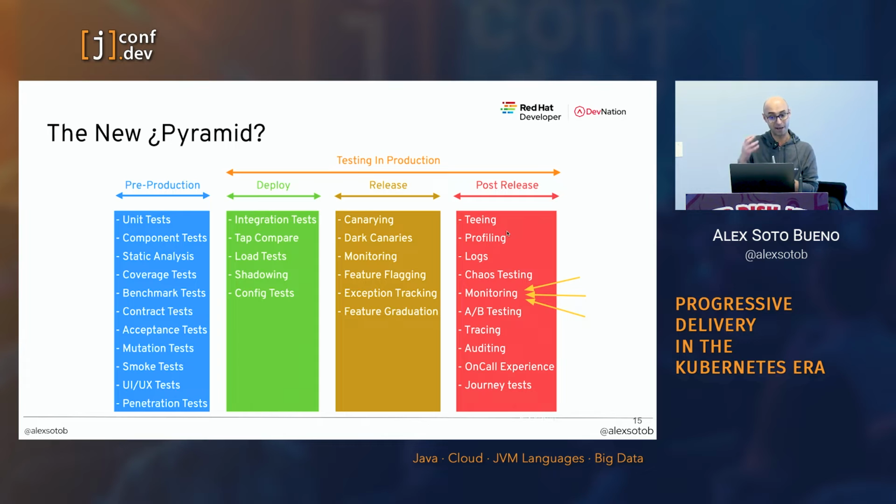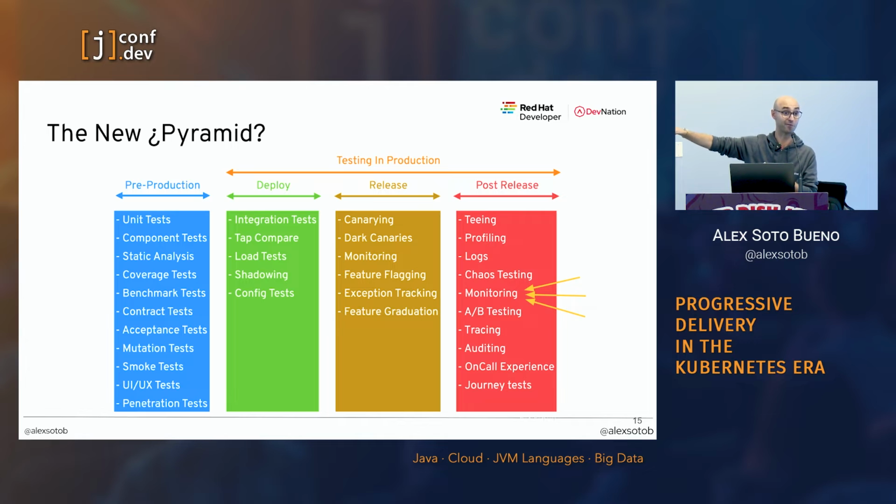Usually, in the past, when you released your application in production and were sending all the traffic there, you stopped testing it. It's okay, now it's working, let's go to the next version. Now, with this new parameter, you are also testing after you release the application. You can see, for example, profiling, logs, chaos testing, monitoring, super important.